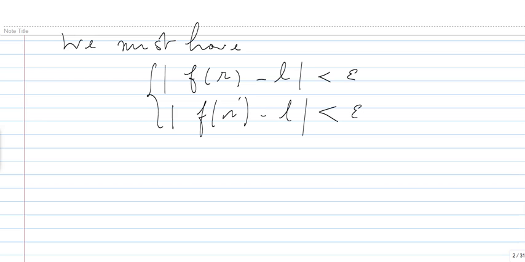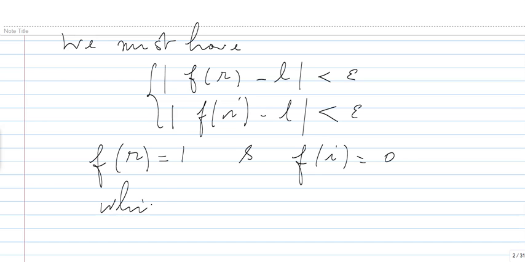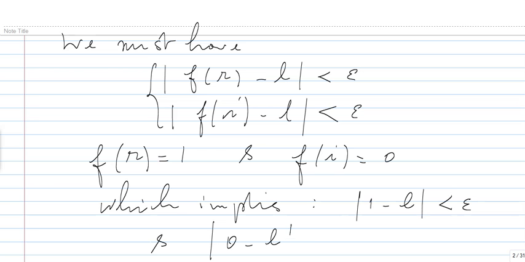Clearly f of r is equal to 1 by definition, and f of i is equal to 0, which implies that absolute value of 1 minus L is less than epsilon and absolute value of 0 minus L is less than epsilon. Okay?